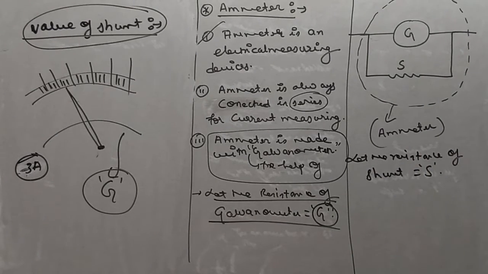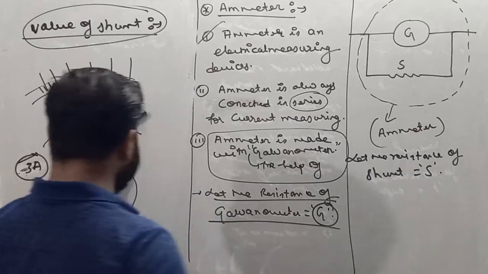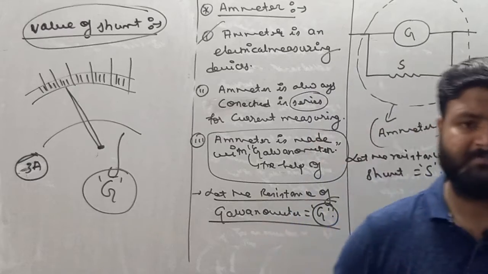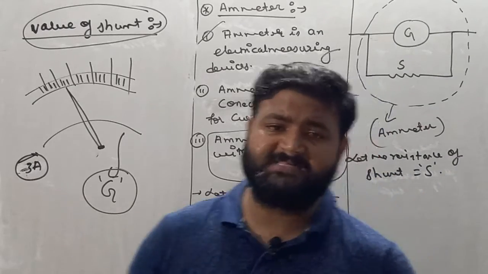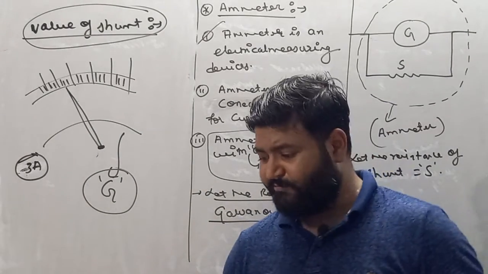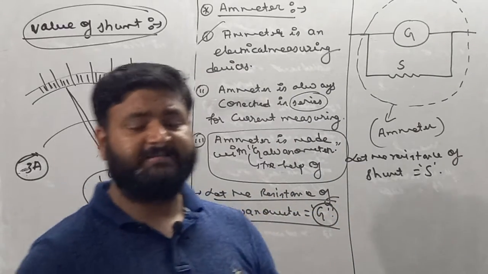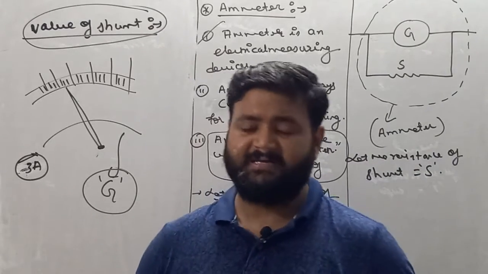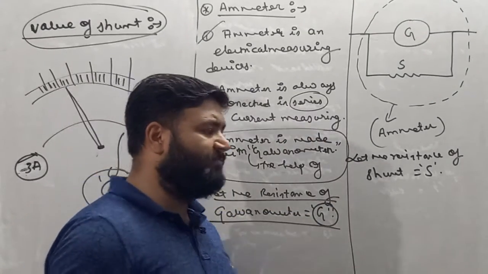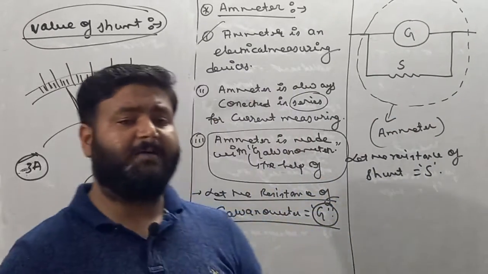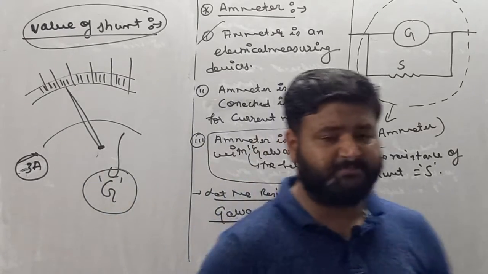The amount of current at which the galvanometer shows full scale deflection is called the maximum deflection current.